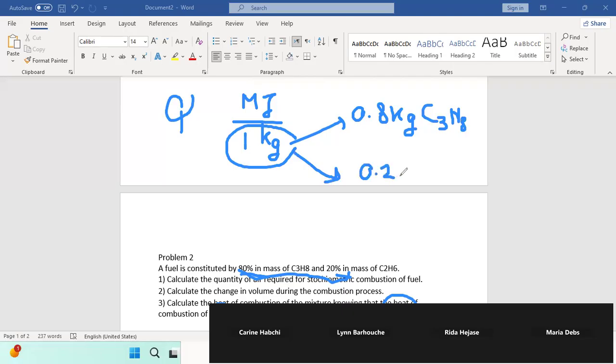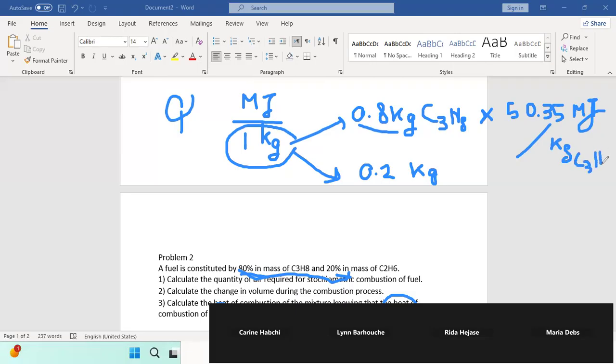And since I know that 1 kilogram of C3H8 will release 50.35 megajoule per kilogram, to know the quantity released by 0.8 kilogram, I just multiply by 50.35 megajoule per kilogram of C3H8.